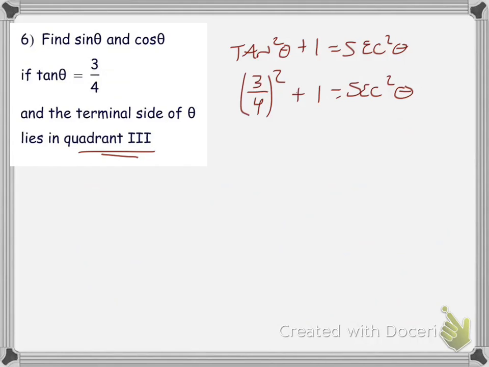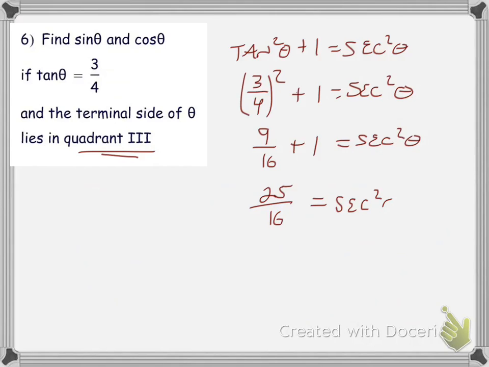So 3 over 4 squared becomes 9 over 16 plus 1. So that's going to be 25 over 16. And when I take the square root of both sides, I get secant theta is equal to 5 over 4. But remember, it's plus or minus.